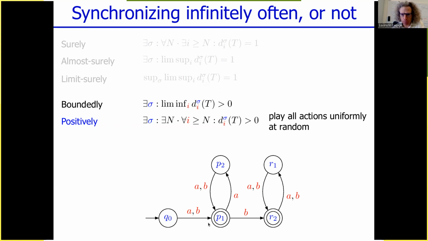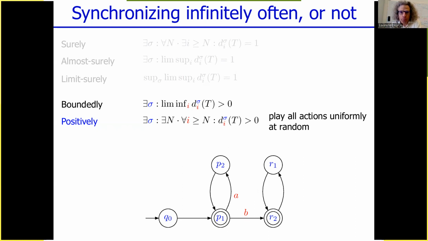And so this is an example of an MDP, which is actually a graph because all the transitions are non-stochastic, where we have two actions A and B. And the idea by playing all actions uniformly at random is that we will spread the probability maximally, and we will ensure maximal support of the distributions, which means that if there is a strategy to ensure that there is some probability in T from some point on, then the strategy that plays all actions uniformly at random will certainly ensure that, because it will ensure maximal support of the distributions in some sense.